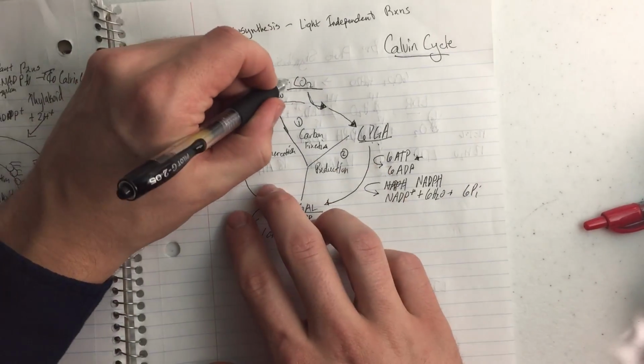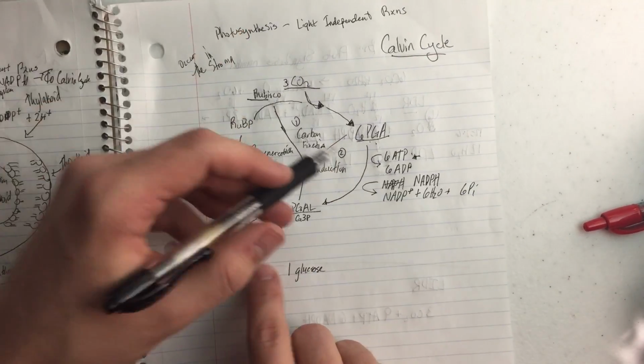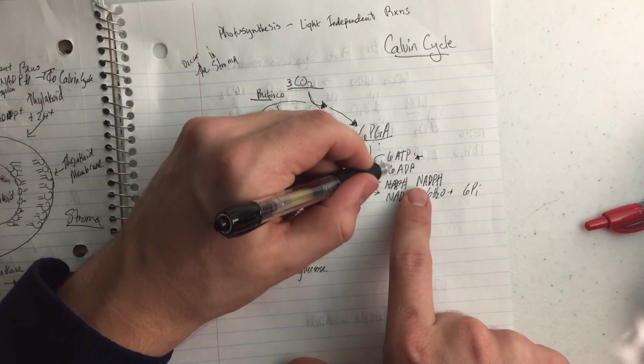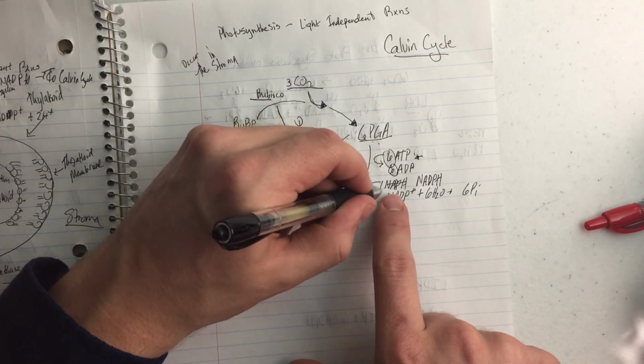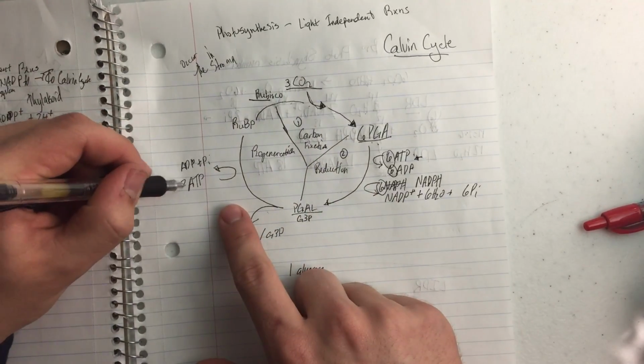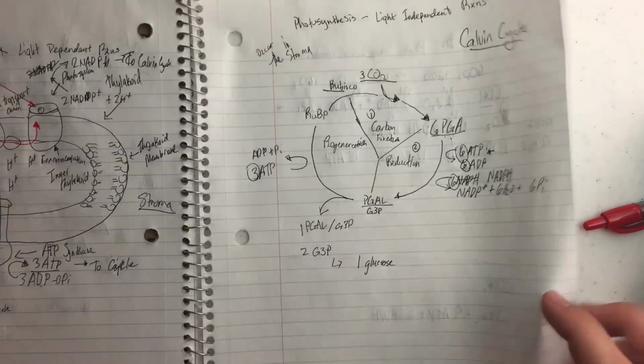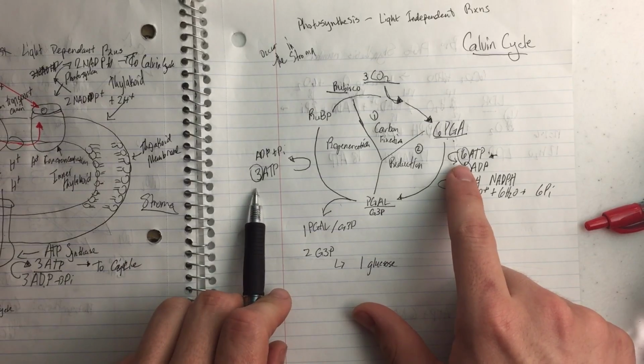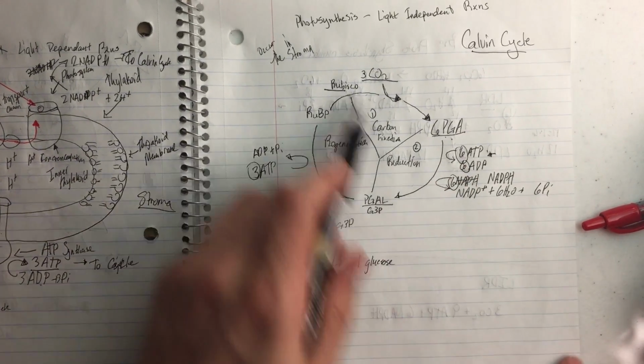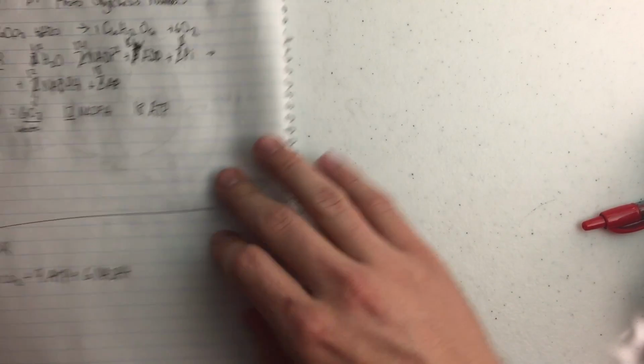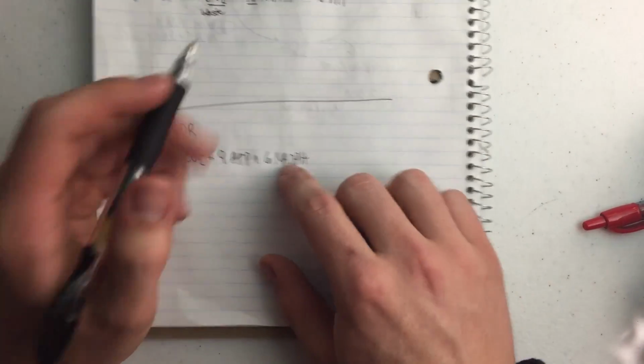If we look at the Calvin cycle here, in here would come 3 carbon dioxides, this would be 6 ATP, this would be 6 NADPH, and this would be 3 ATP. So 6 plus 3 is 9 ATP, plus 6 NADPH, plus 3 carbon dioxides. I'll cover that more tomorrow.